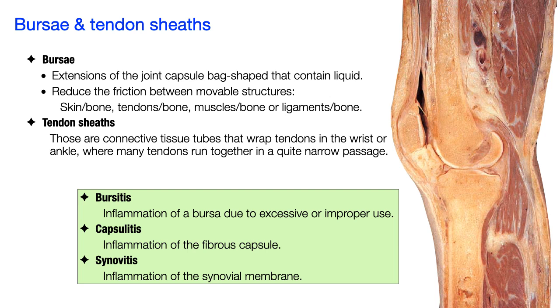Bursa, fibrous capsules, and synovial membranes may suffer damage, swell, and cause pain, as you see in the green box. They have specific names. The ending itis means inflammation.